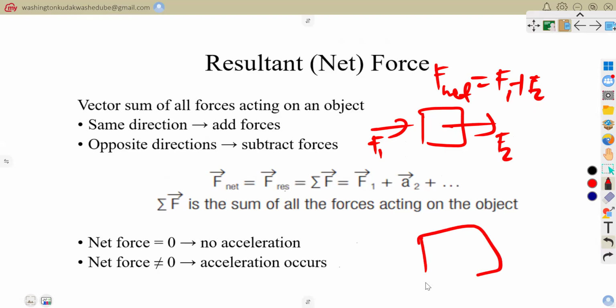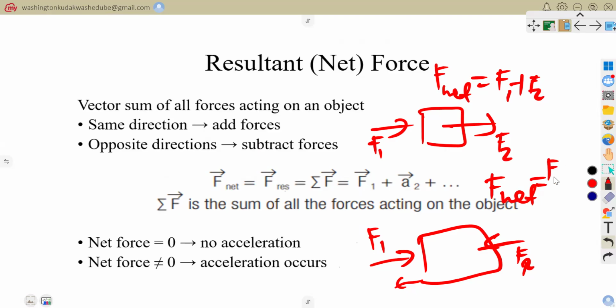But wherever I have got forces that are acting in different directions, let's say F1 is pushing towards the right, and F2 maybe it is your frictional force that is opposing, that is in the left direction. Now whenever you are looking for your net resultant force, you have to subtract.